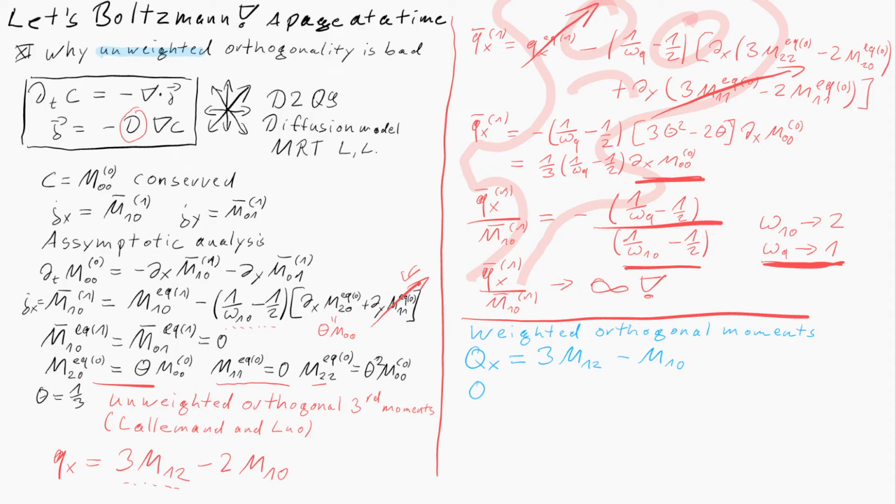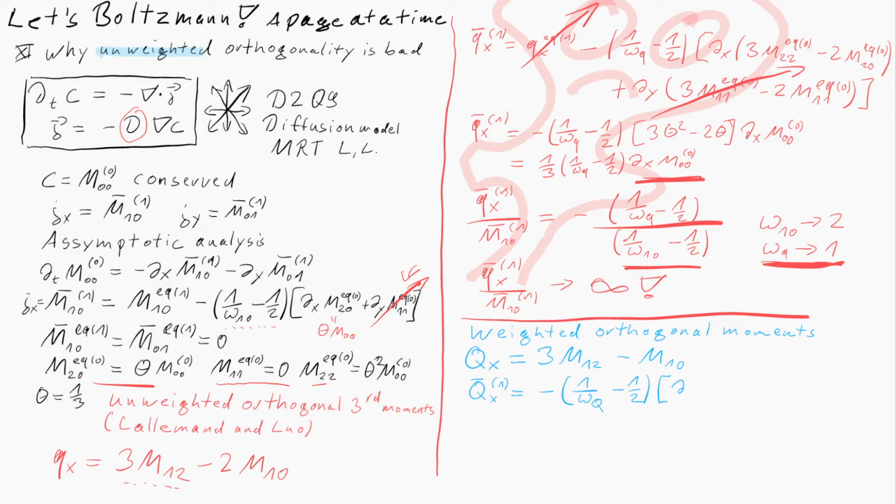If we again do the asymptotic analysis, and I'm just writing down the result here, we are now relaxing not this unweighted orthogonal moment, but the weighted orthogonal moment. So we have the relaxation rate attached, omega capital Q minus 1/2.